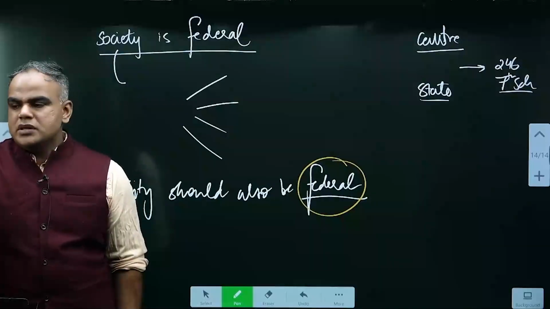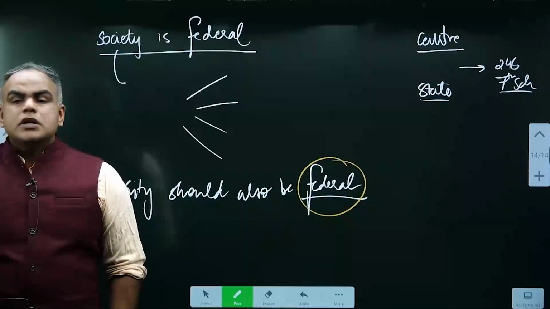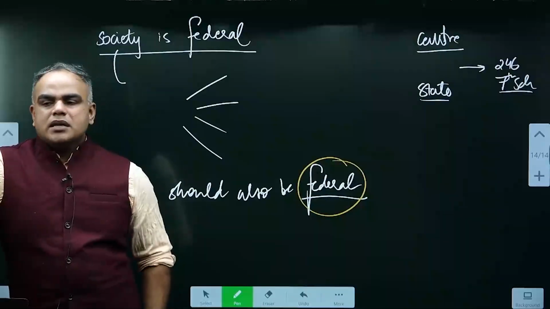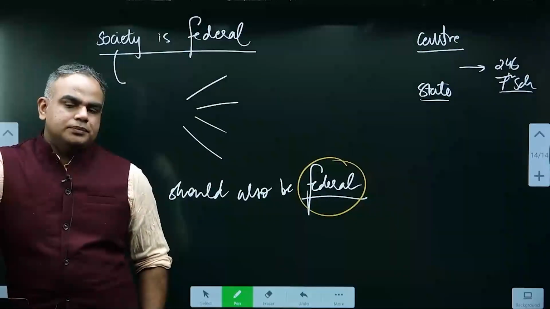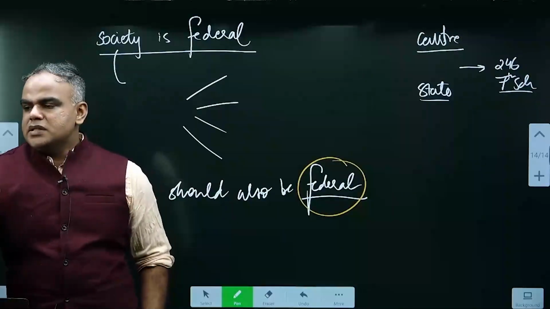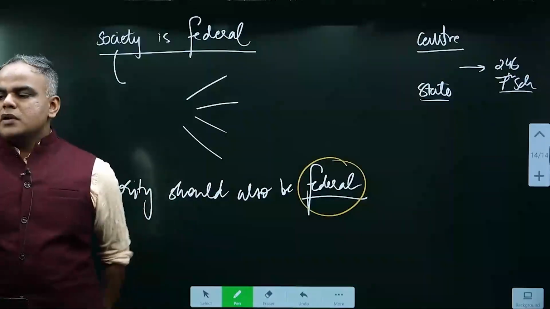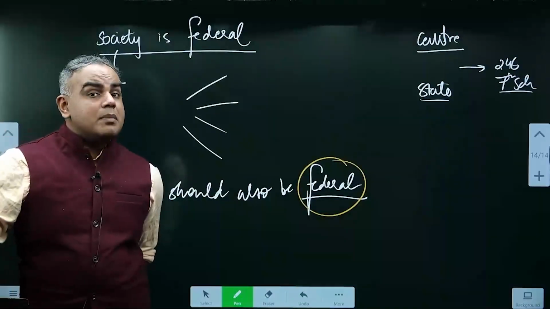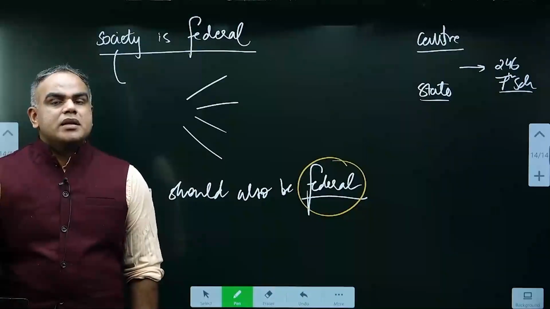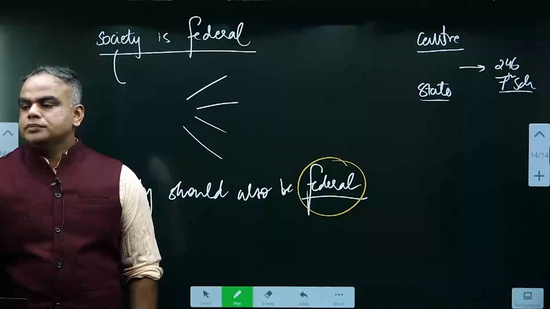Authority should also be federal, full stop, right? He also stated that political science would benefit if the concept of sovereignty were abandoned. If the concept of sovereignty were abandoned, full stop, right?